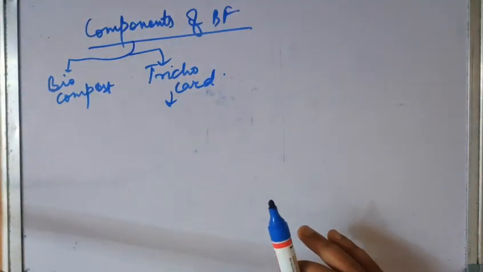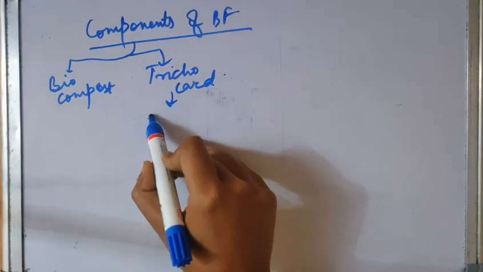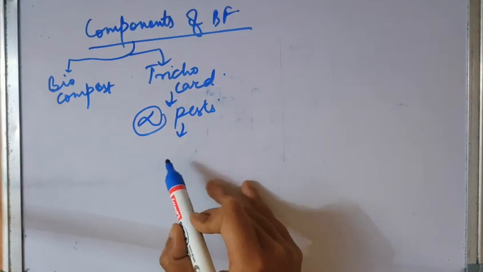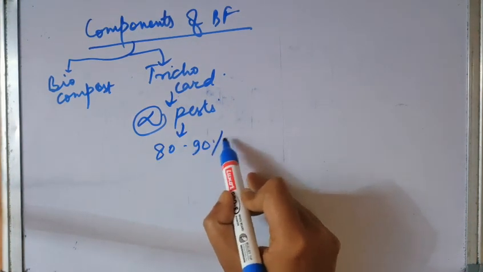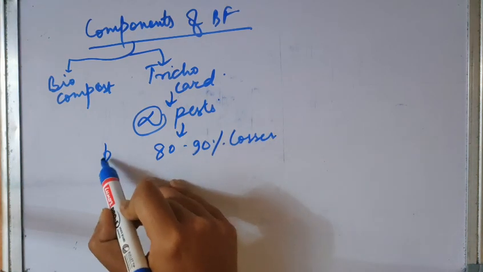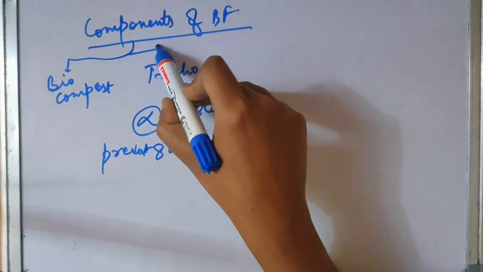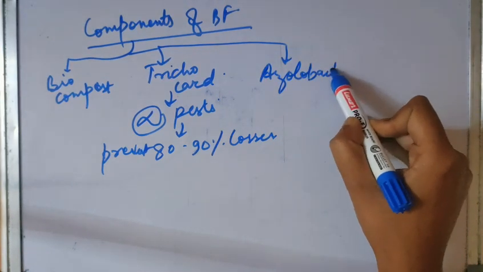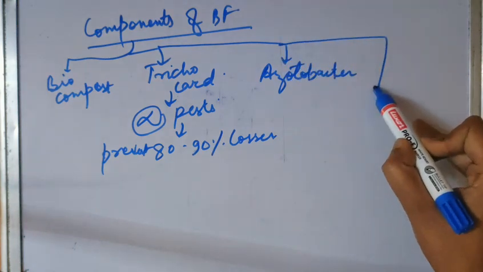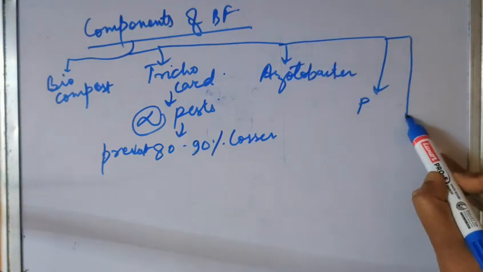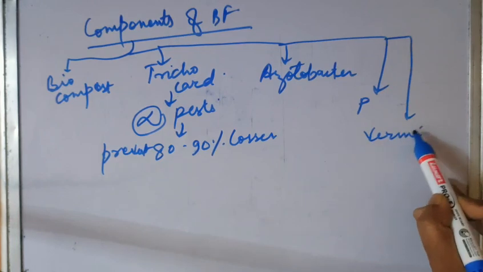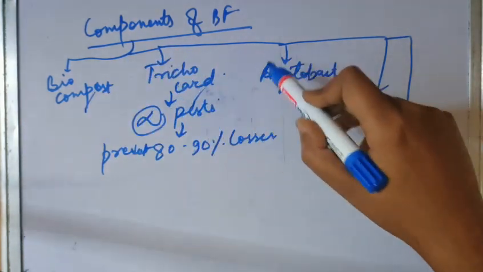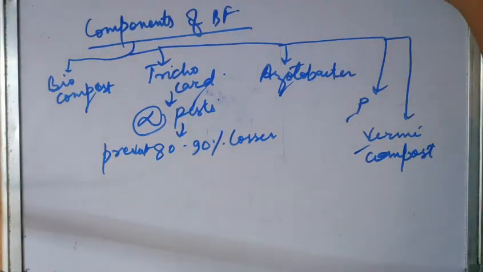This is used to destroy pests, and it can prevent 80 to 90% losses due to pest. Azotobacter. We have phosphorus and vermicompost. These are the components of biofertilizers.